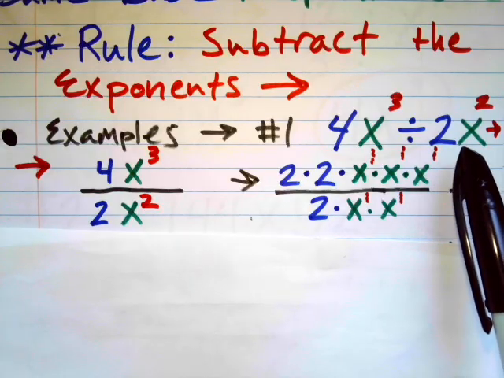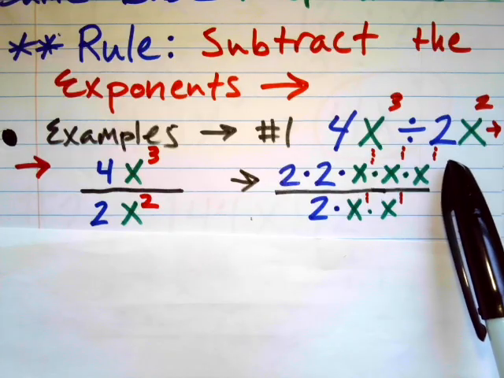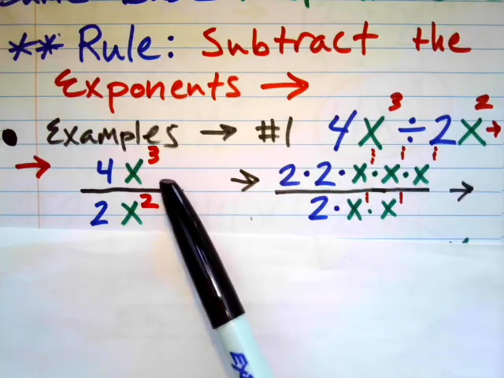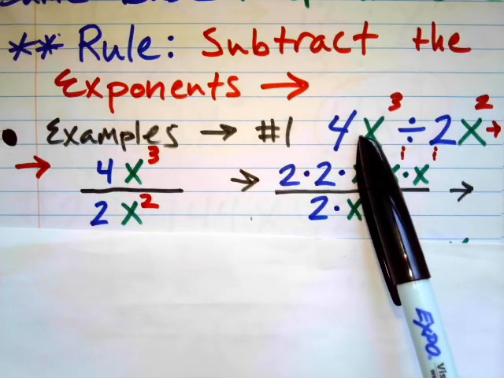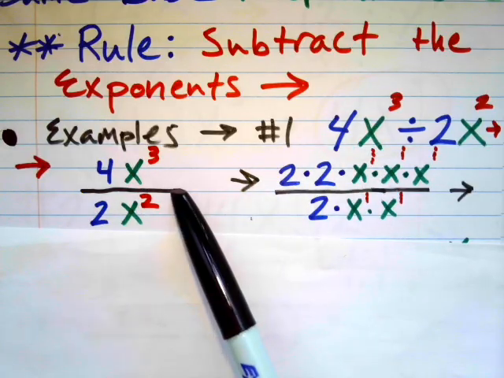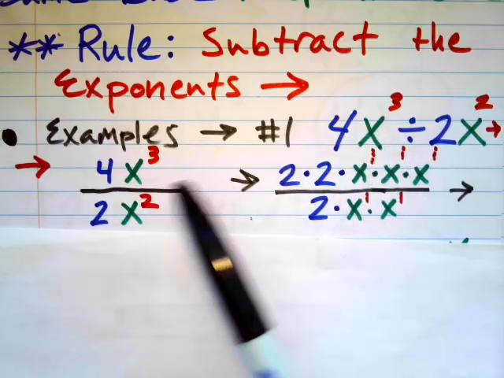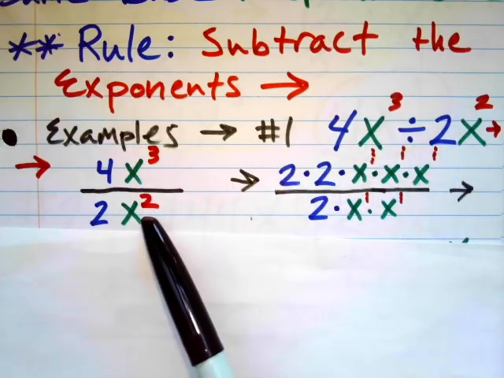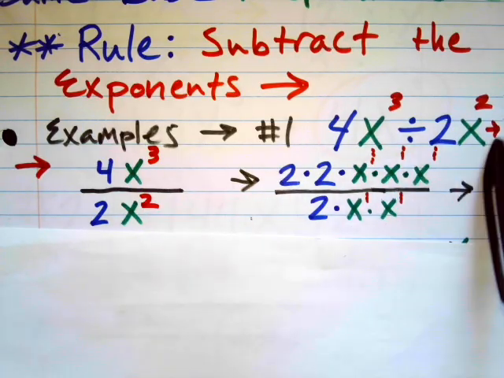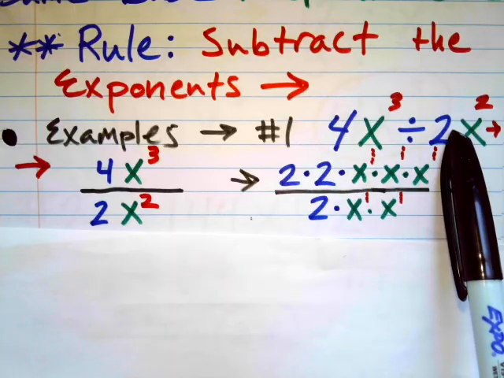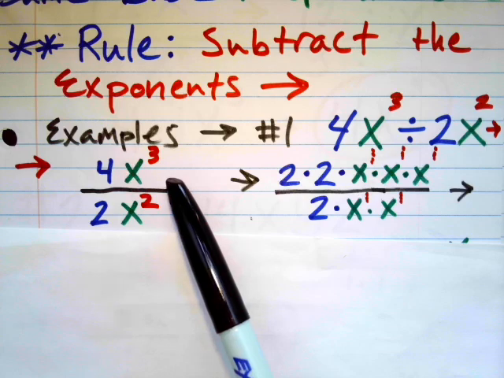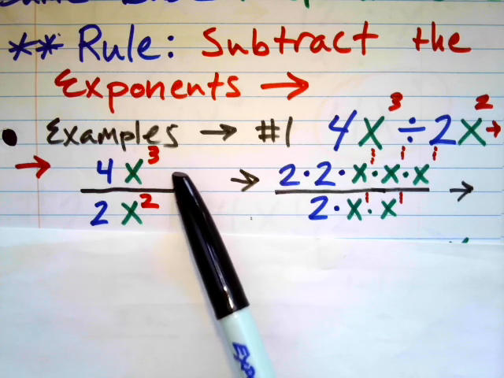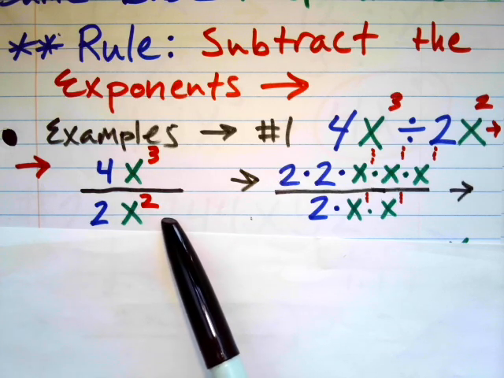Well, remember, if you've seen my fraction videos, I explain clearly every fraction is a division problem. So 4x cubed, divisor bar, divided by 2x squared. You can just rewrite this version of a division problem to look just like a fraction. Every fraction is a division problem. 4x cubed divided by 2x squared.